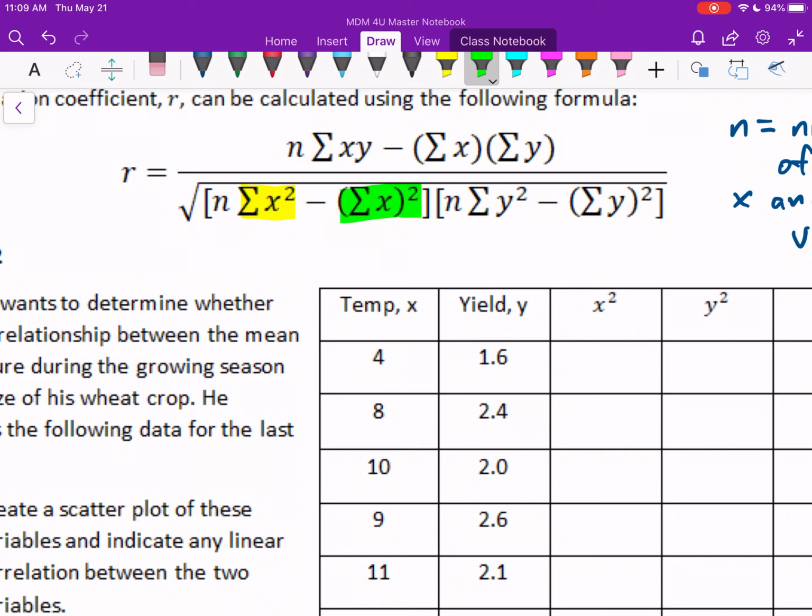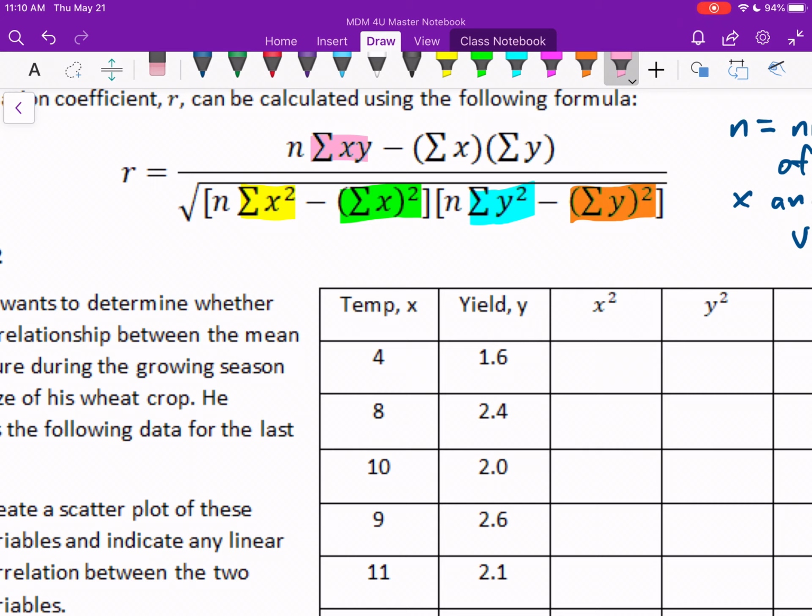This one is saying add up all the x values and then square it. So order of operations makes a difference, right? Again, sigma y squared means square the y's, then add them up. Sigma y all squared means add up all the y's and then square them.